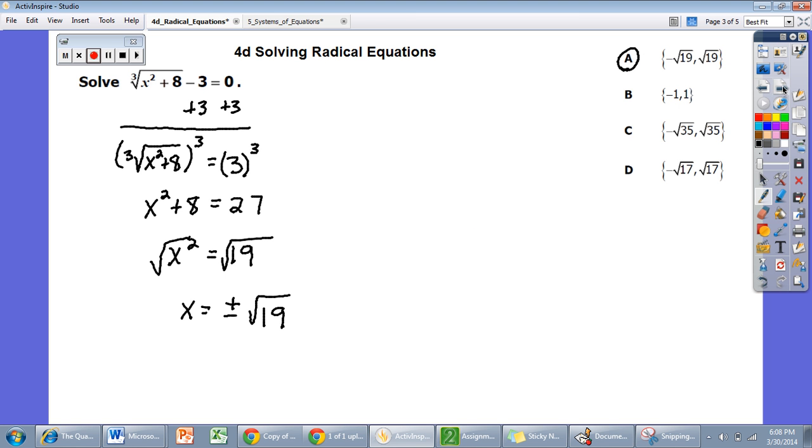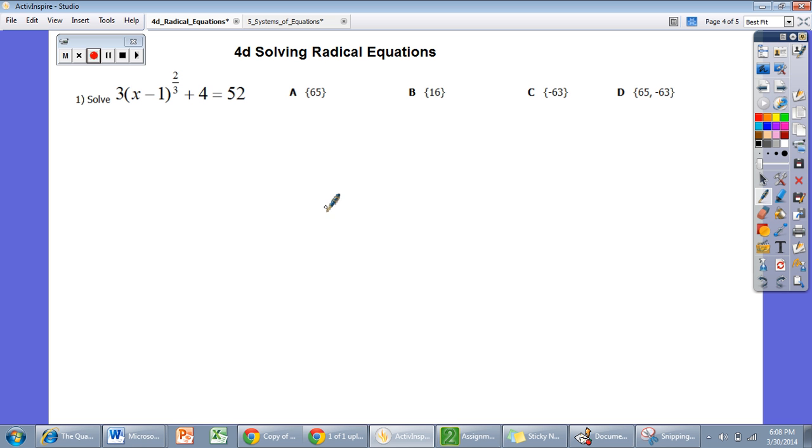And one more example here with a rational exponent. I'm trying to solve this equation here. It works exactly the same. I'm trying to isolate this part of it. So the first step that I'm going to do here is I'm going to subtract 4 from both sides.